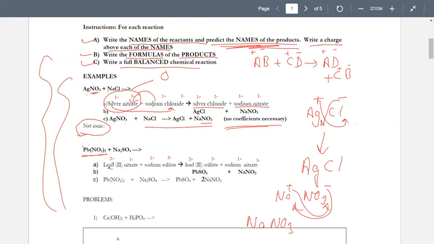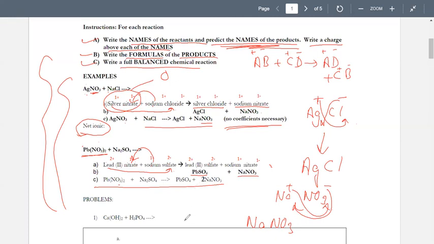So lead with sulfate and sodium with the nitrate. So lead sulfate and sodium nitrate. Write down the charge. And once you know the charge, using the crisscross rule, you can find the chemical formula. Once you have the chemical formula, you can write the whole equation and then balance the equation at the end.